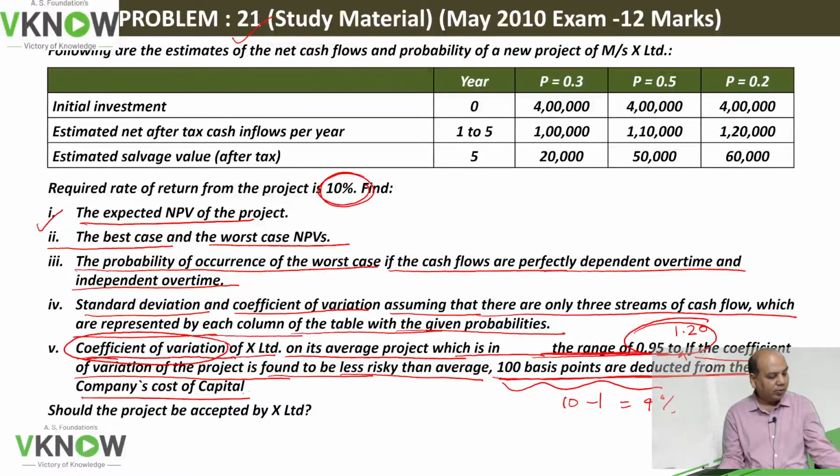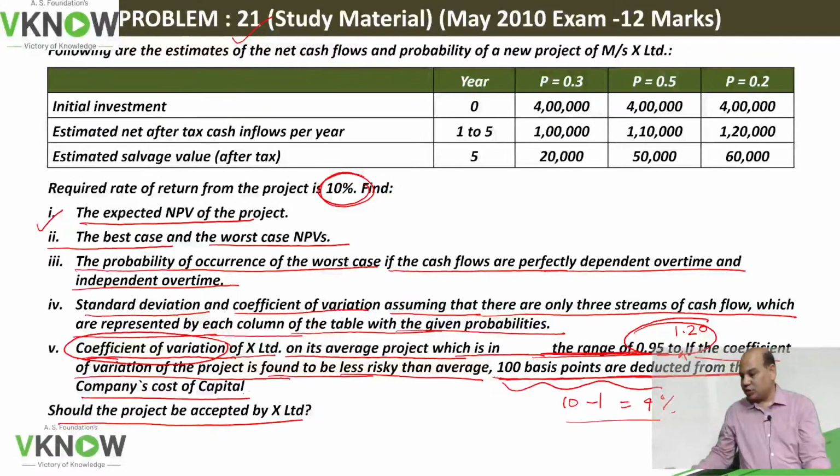So then it will become 9%. Should the project be accepted by X Limited? So these are the questions here. How do you solve this question?